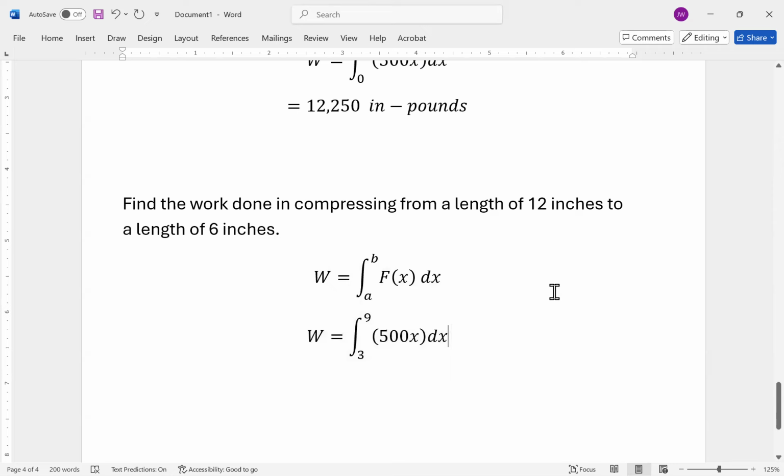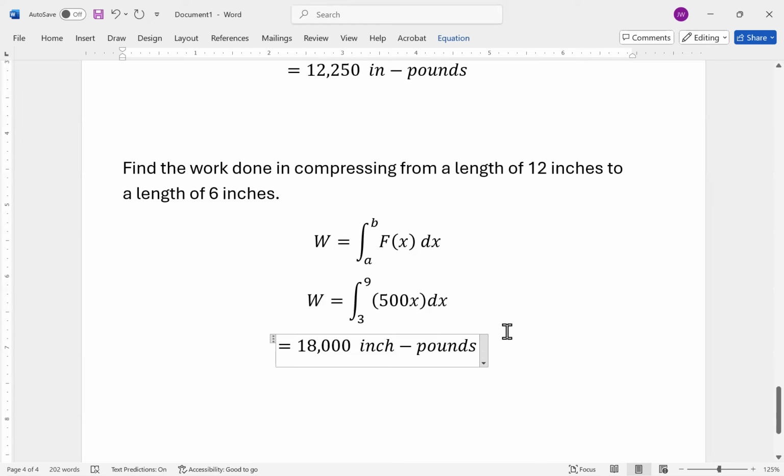This integration is easy to do either by hand or calculator. I ended up with 18,000 inch pounds. Some people may put pound inches, but I'll put it as inch pounds. That's a little bit more common.